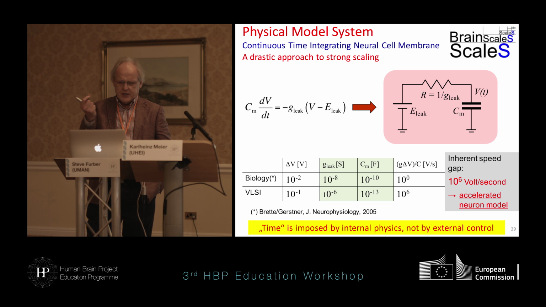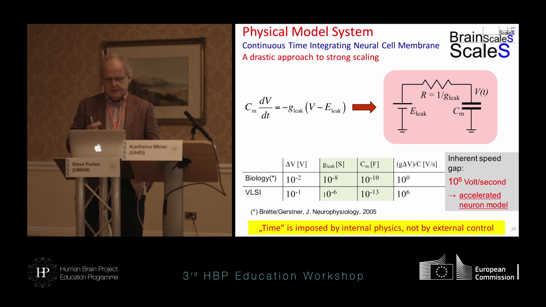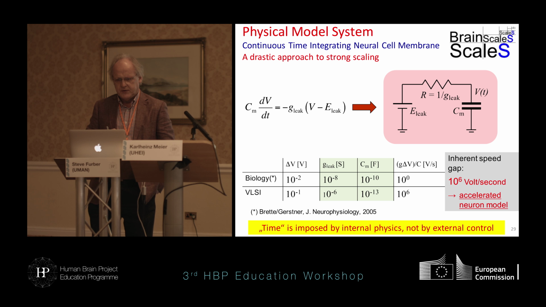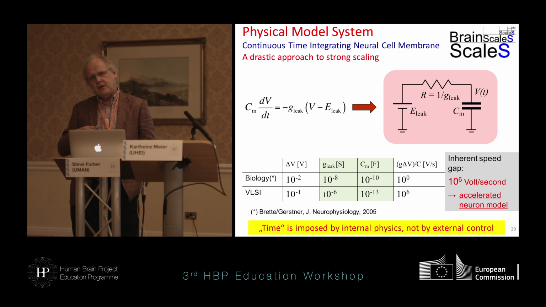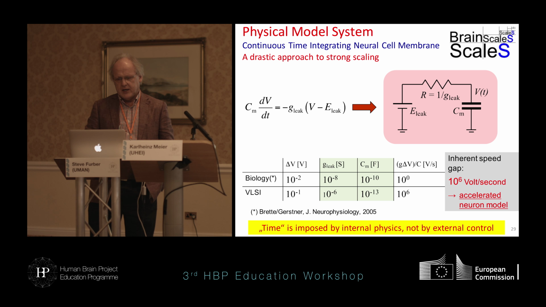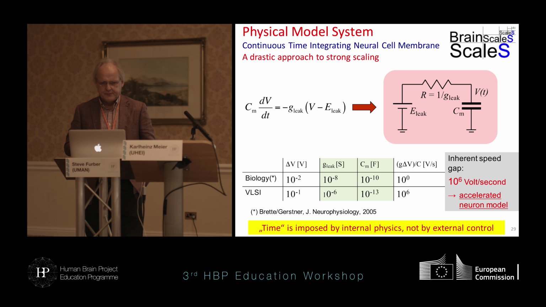In electronics, natural capacitance values are 3 orders of magnitude smaller, and that's really where the speed difference comes from. And so if you work out the natural speed, the G delta V over C in terms of volts per second, then you see there are 6 orders of magnitude difference. And that leads you towards running the electronic analog at higher speeds. And the time is determined by the physics of the circuit, not by any external system.